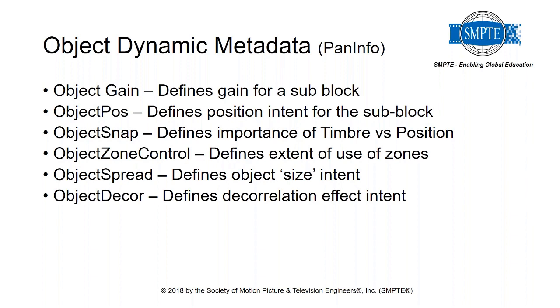This comes into play if you have an object which has size or is going to be rendered using multiple speakers. Decorrelation sort of mitigates an effect that occurs when the same signal is reproduced over multiple speakers. It can create combing and other effects, and also helps with the impression of size and location.